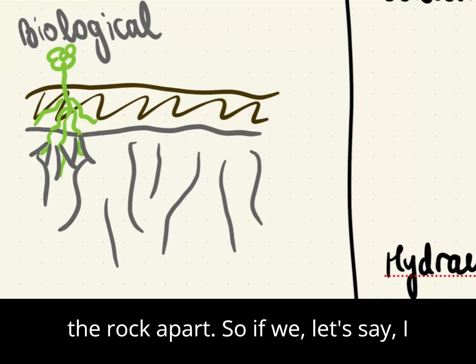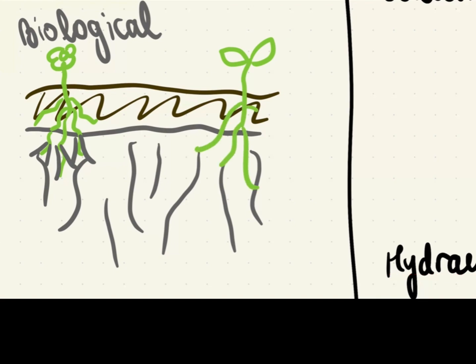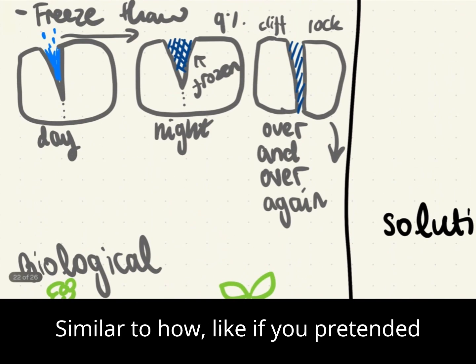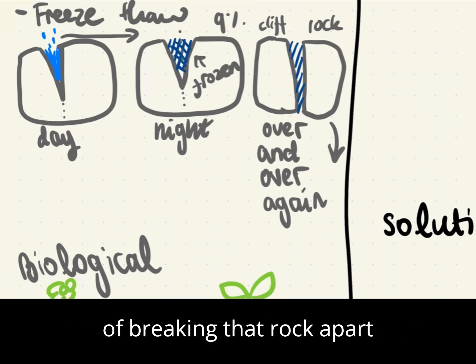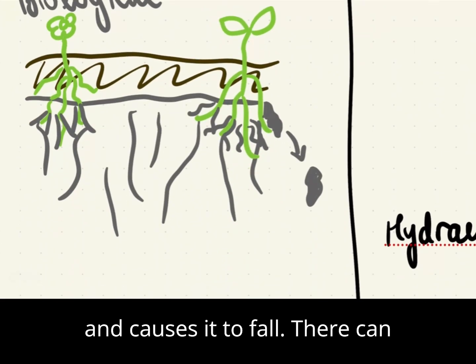So if this is the end of the cliff and we have a nice little green leaf there, this will cause, for example, this piece of rock to fall, similar to how, if you pretended this was the plant going in, it breaks that rock apart and causes it to fall.